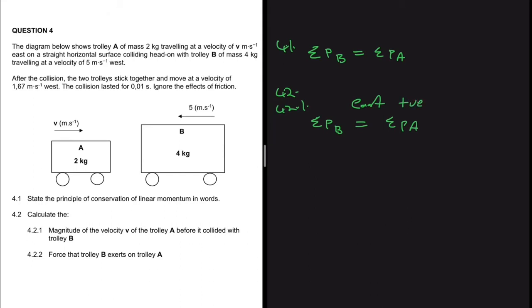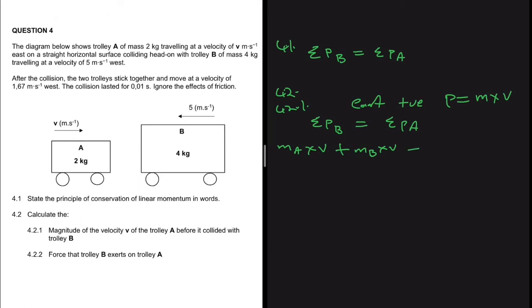Let's not forget that momentum is equal to the mass multiplied by the velocity. So the momentum of the 2 kg trolley will be its mass multiplied by the velocity v, plus the momentum of the 4 kg trolley, which is its mass multiplied by the velocity it possesses.